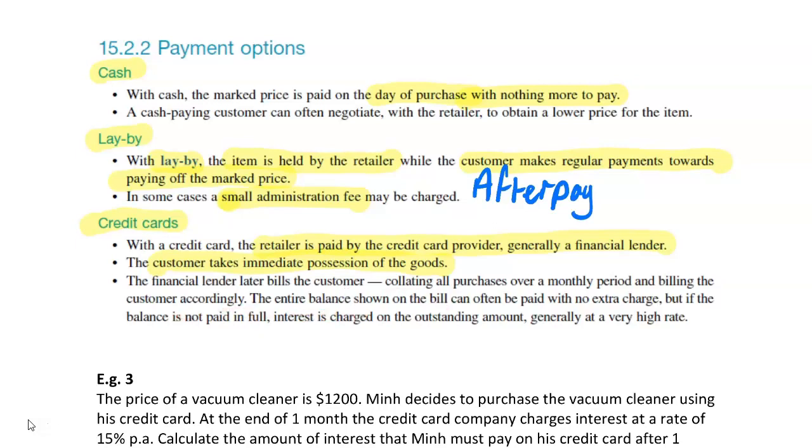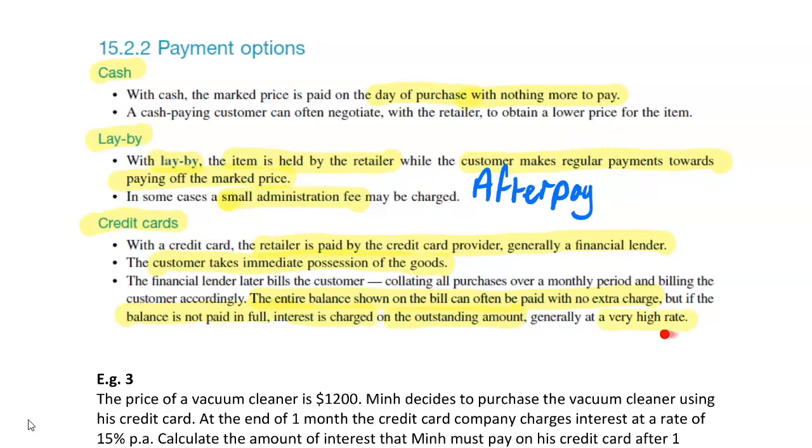Now, if you pay off that credit card bill at the end of the month in total with no more owing, you don't get charged anything, okay? Then there's no extra charge. However, if you don't pay it all off, interest is charged on the outstanding amount. That's how much you still owe, and at a very high rate.